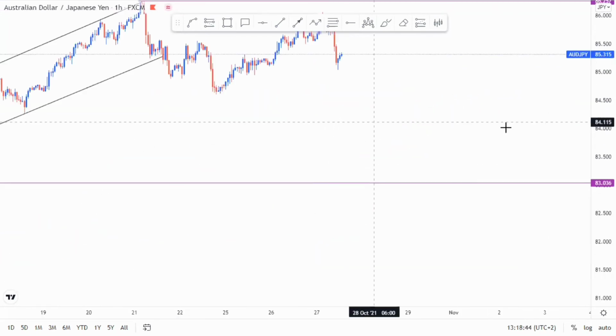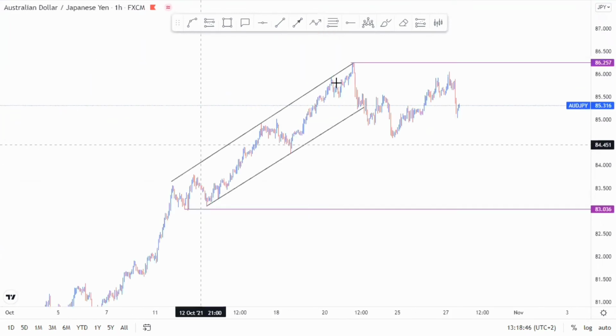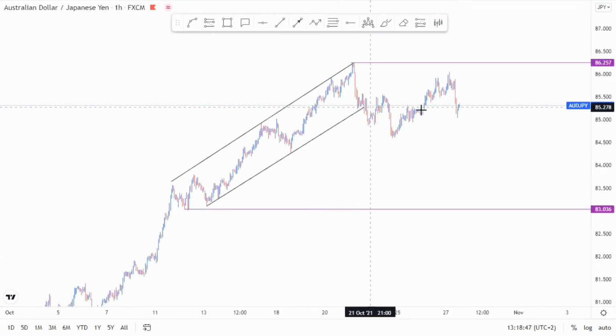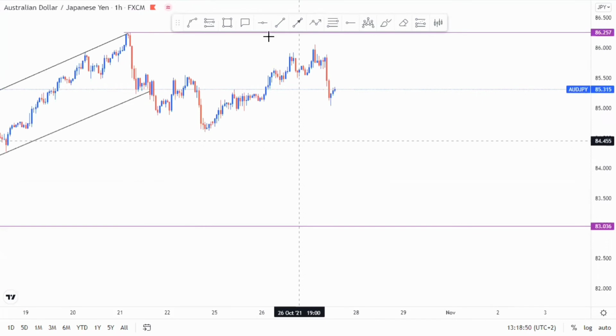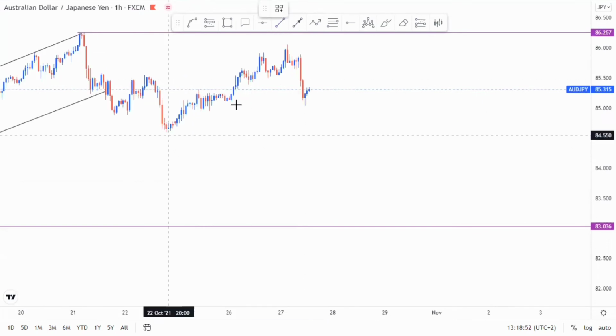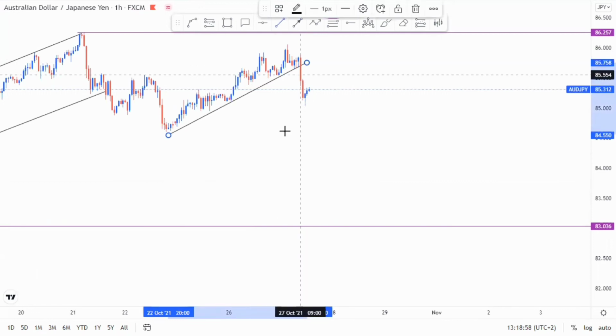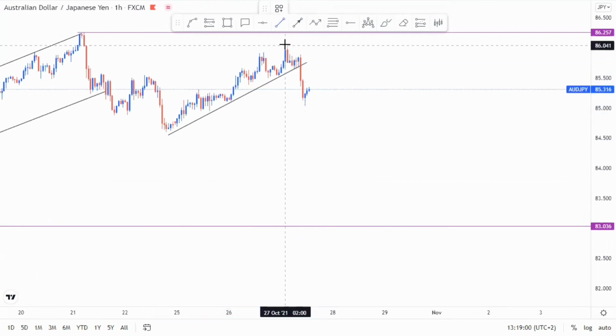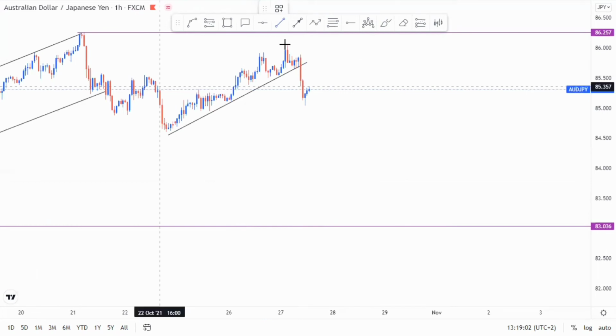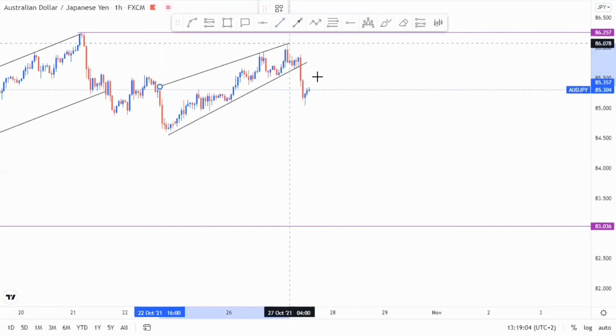So let me see. Okay, here we broke out of this pattern. Then here is a possible continuation pattern on the outside of the structure. And as you guys can see, we broke out of this pattern impulsively. Now looking for continuation to the downside.